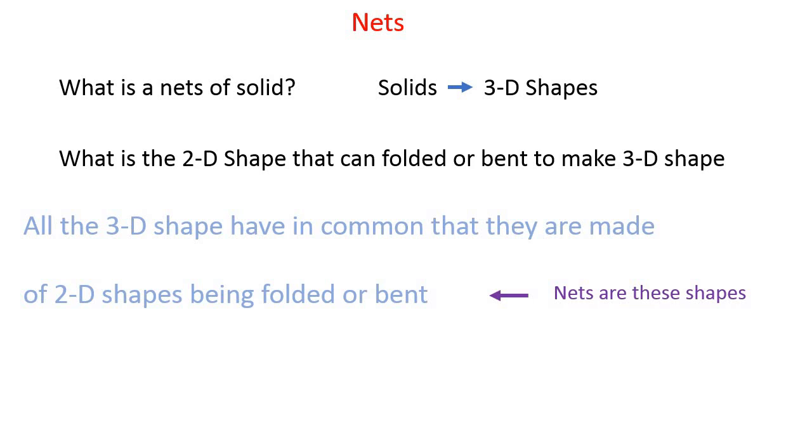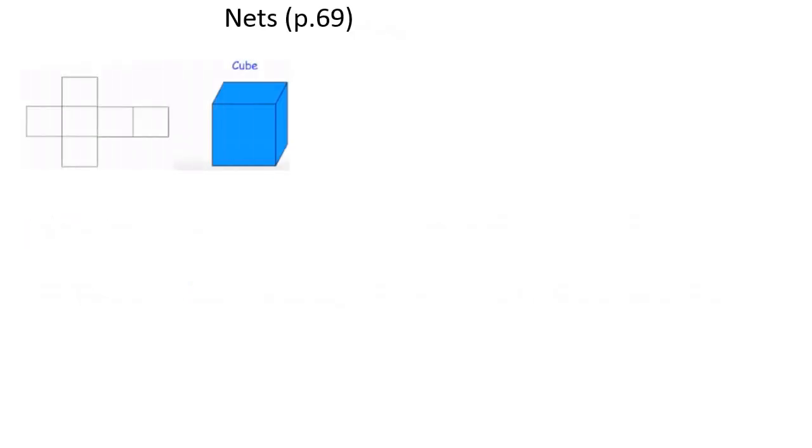That is what we call the nets. Now look at these nets. On page 69, which is our lesson today, I have this net. I can make the cube out of this net. If you fold or bend all these 2D shapes, connected to each other, you can make the cube.